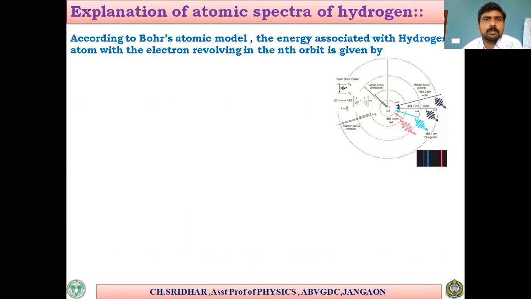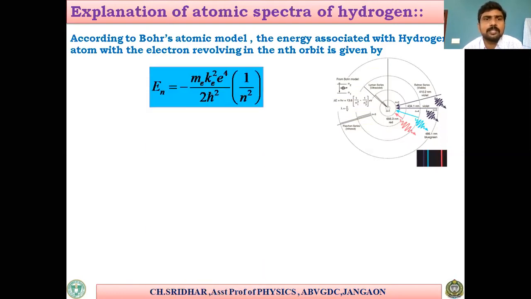According to Bohr's atomic model, the energy associated with a hydrogen atom with the electron revolving in the nth orbit is given by the expression En equals Me Ke square e to the power of 4 by 2 h cut square into 1 by n square.